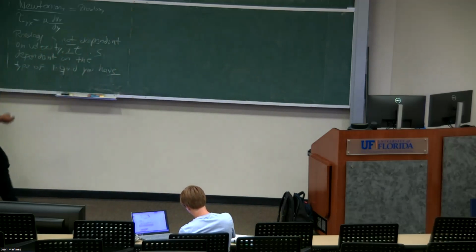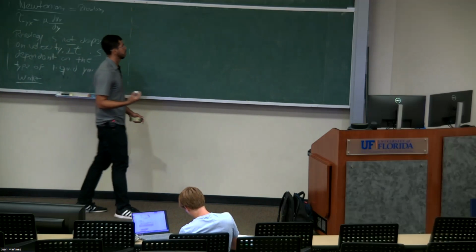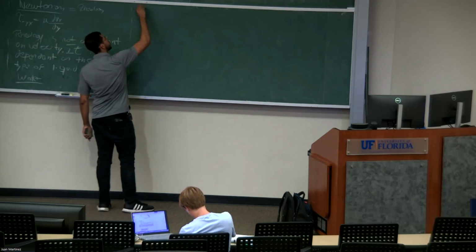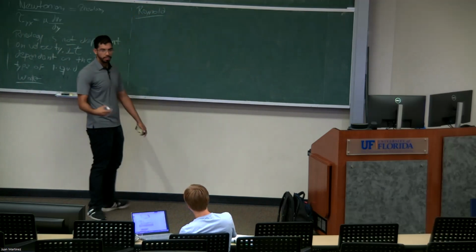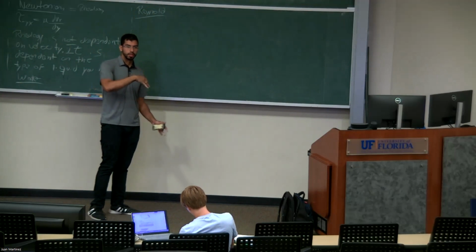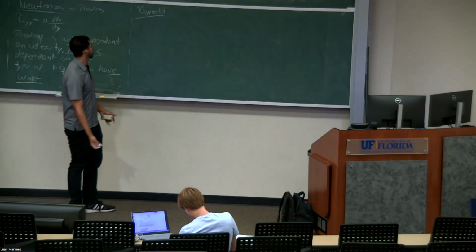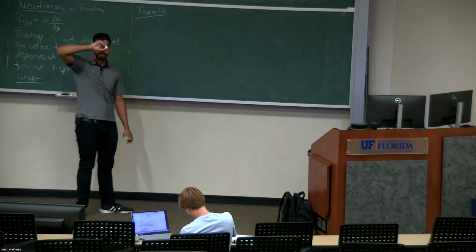Let's say we have, we know from our boy Reynolds that at high velocities we tend to have turbulent flow. So let's say we have a really incredibly high velocity.